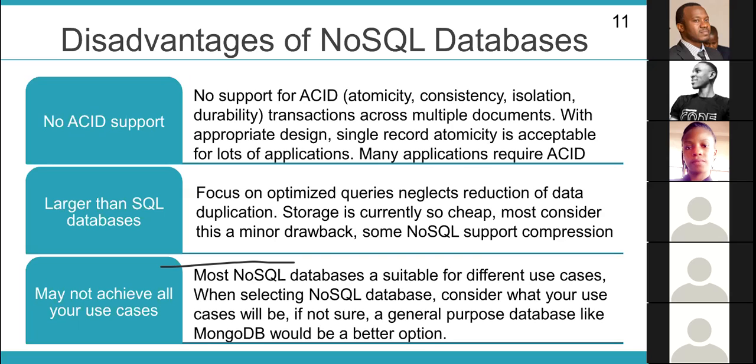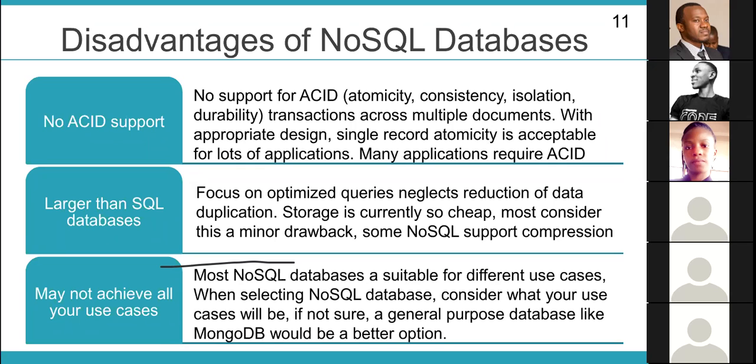And then another disadvantage with NoSQL databases is that they are larger than SQL databases. NoSQL databases focus on optimized queries and neglect reduction of data duplication. With SQL databases, we typically normalize the database to try and reduce duplication, and as a result, you reduce the data that can amount in your database, which is not looked at when you're working with NoSQL databases.